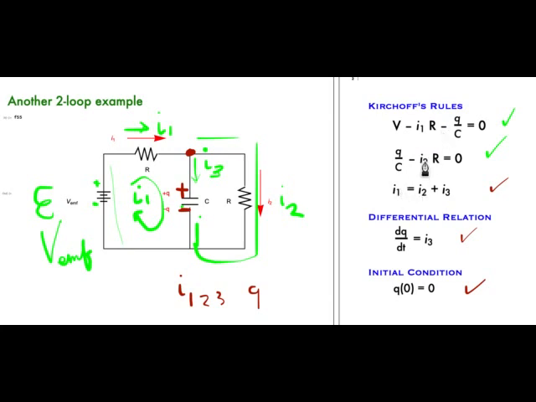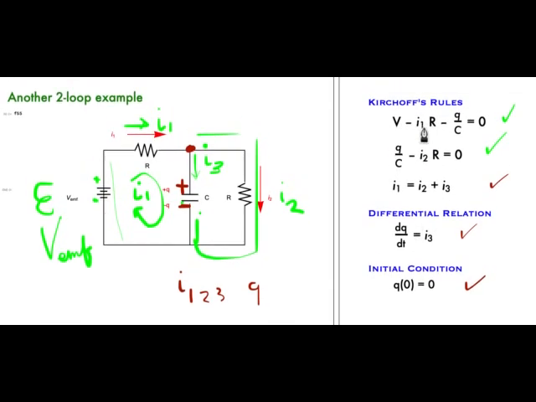Here. I could just replace that by I1 minus I3. And then I3 is Q dot, so I could replace I3 by Q dot. Well, you kind of have to put the various equations together and reduce it down to a differential equation, which you then have to solve.